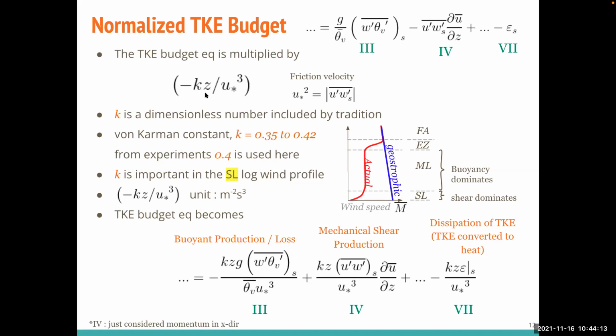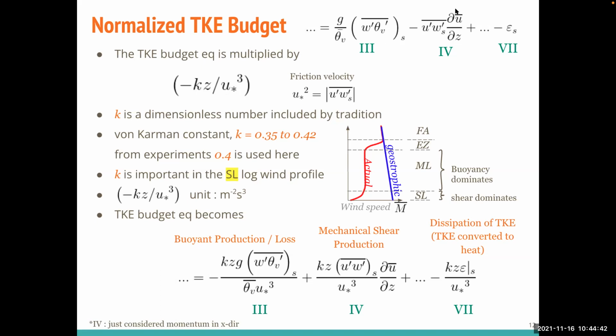Okay, we multiply the whole term by this. Somehow it's related to this friction velocity. Okay, we multiply the whole equation by this. Why do we make it like this? Why do we multiply the whole equation with this? Because we want to make the whole equation dimensionless. Okay.